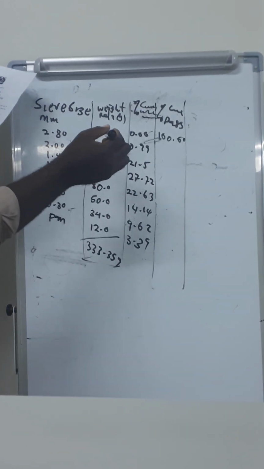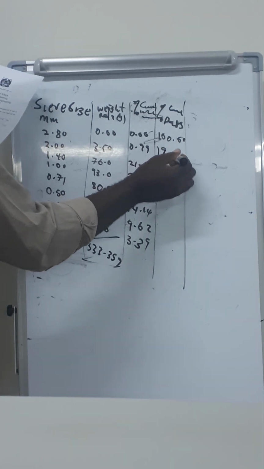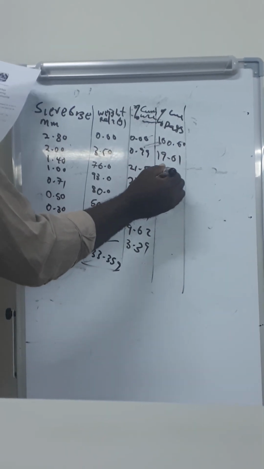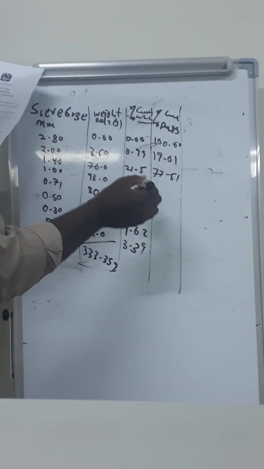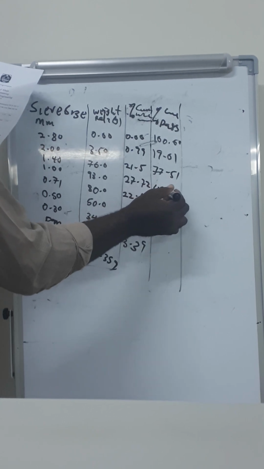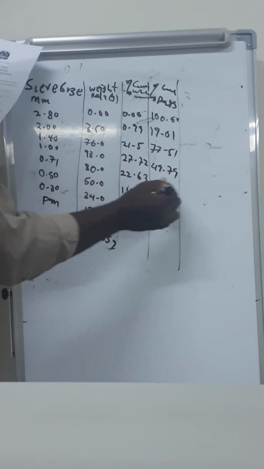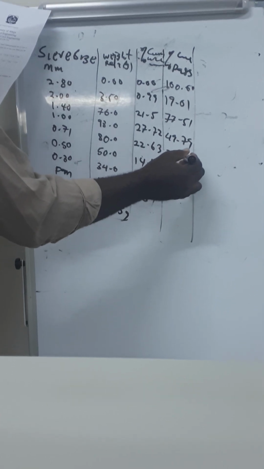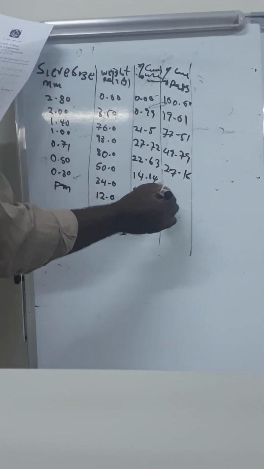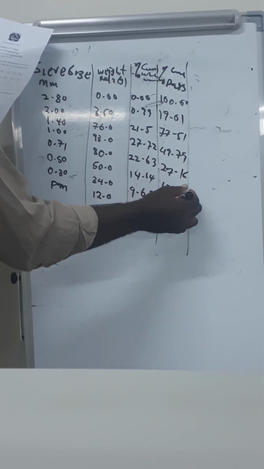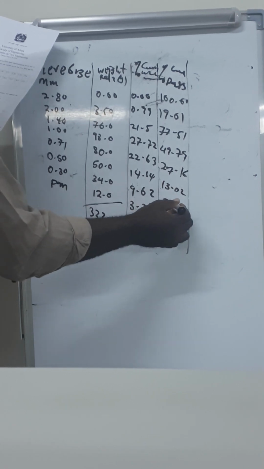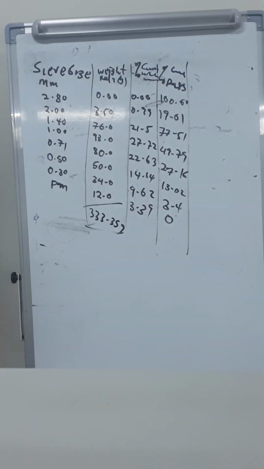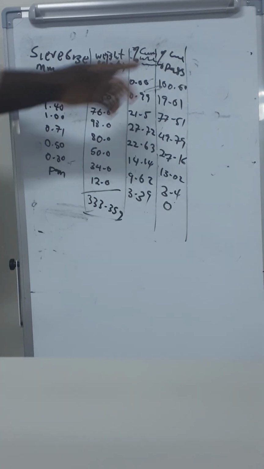Then we got 19.01, 77.51, 49.79, 27.16, 13.02, 3.4, and 0. So this is the percentage cumulative passing.